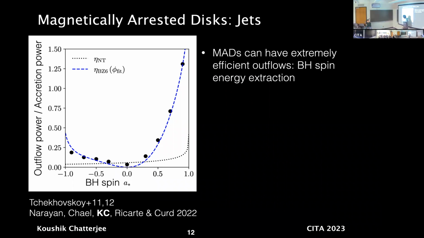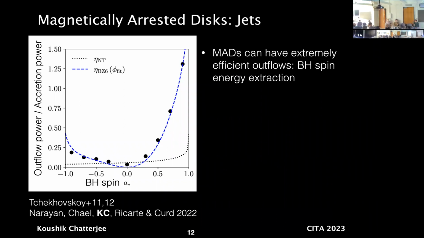So none of these are radiated. So this is the total. This dotted curve? The dotted curve is radiated energy relative to M dot c squared. Yes. But then are you normalizing the other curves and the points to M dot c squared? Is accretion power M dot c squared? Yes, it is M dot c squared. Okay. Because.